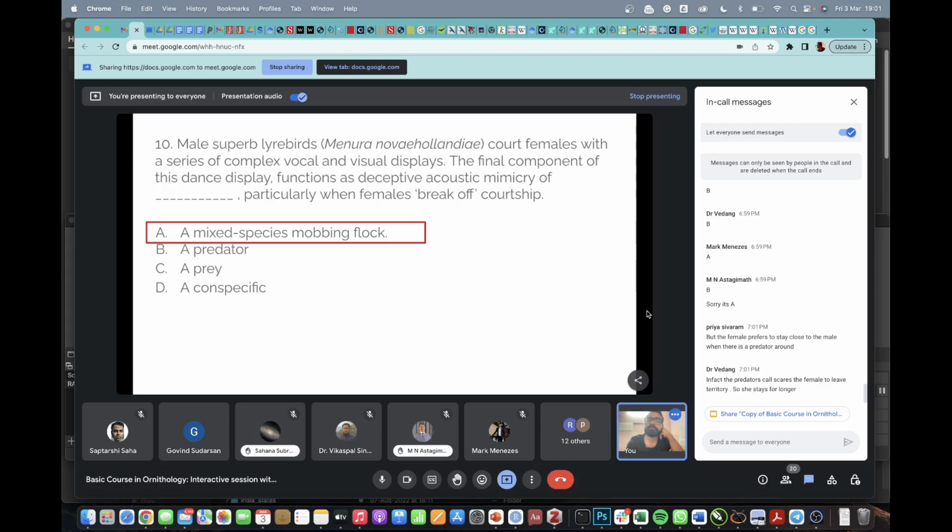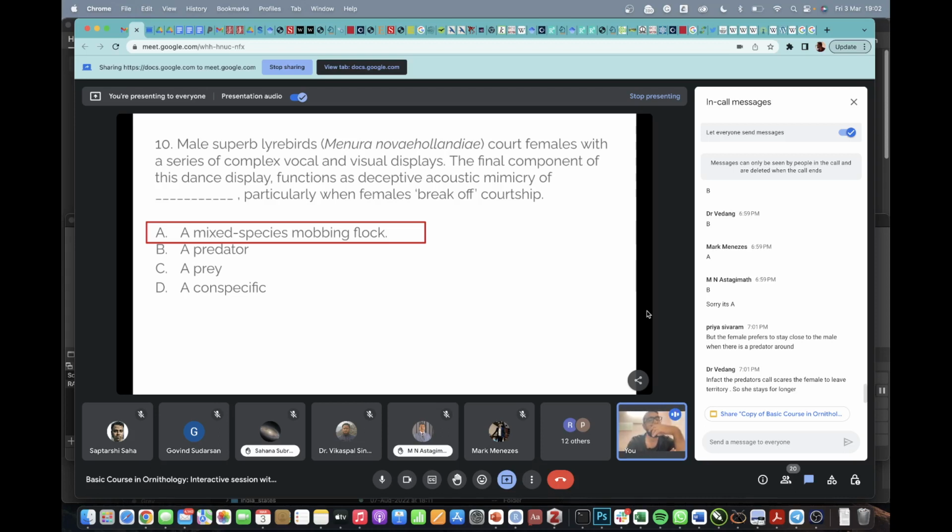Sir, is it to show off the diversity of their vocal abilities? No, this happens at a particular point of courtship, whenever the females are trying to break off courtship. Basically, whenever the female is trying to move away from the male, that's when the male calls this mixed species mobbing flock.